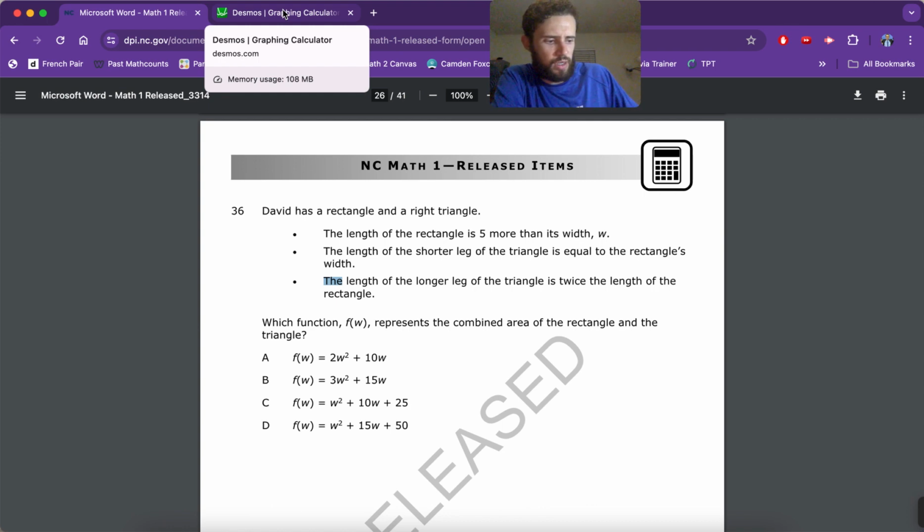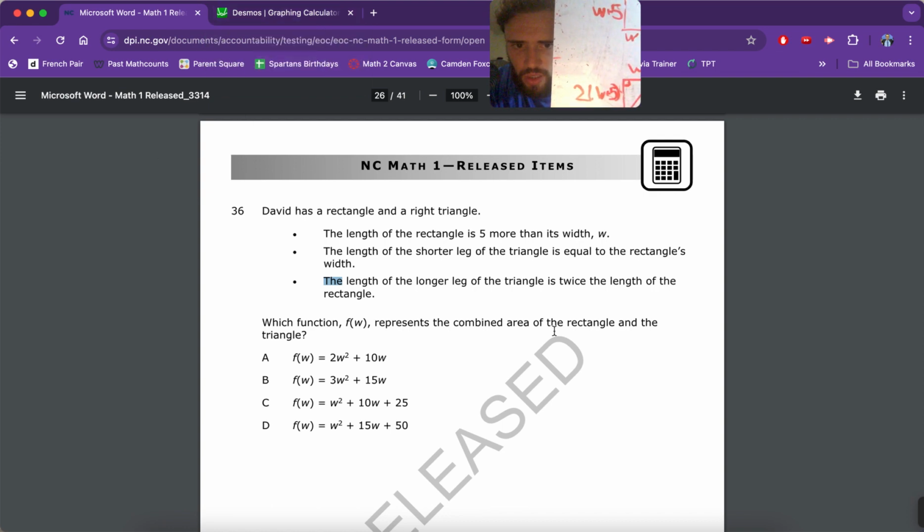I'm forgetting to write this backwards. W plus 5. And this is 2 times W plus 5. Okay, so you got this, right? W times W plus 5, and 1/2 times W times 2 times W plus 5. Which function represents the combined area of the rectangles?